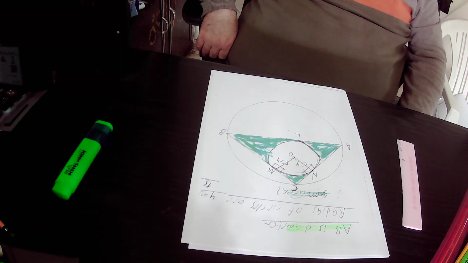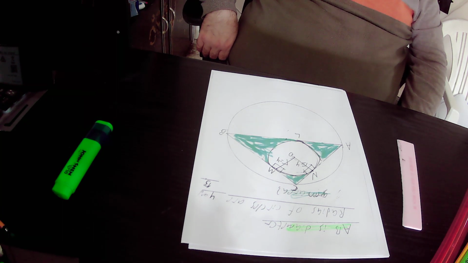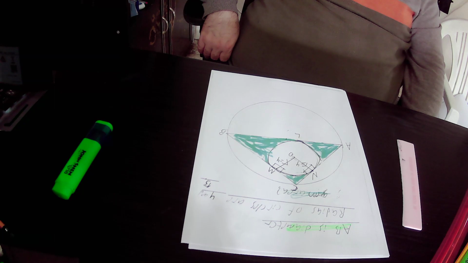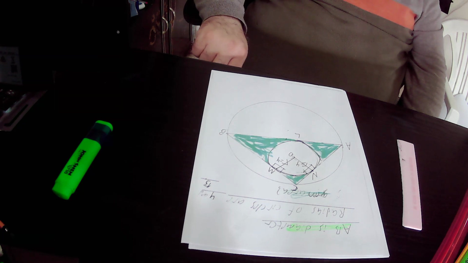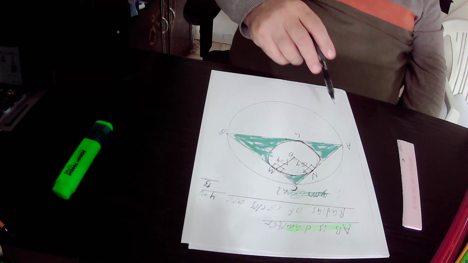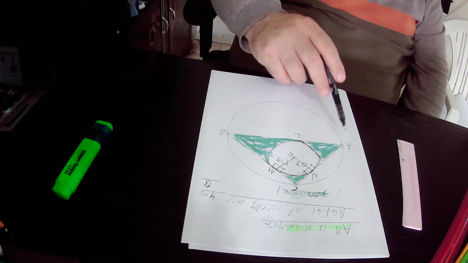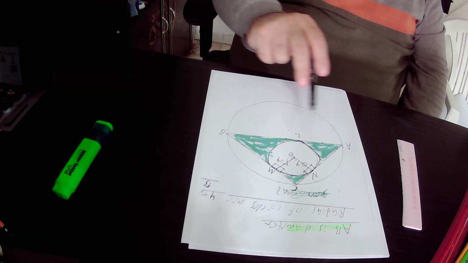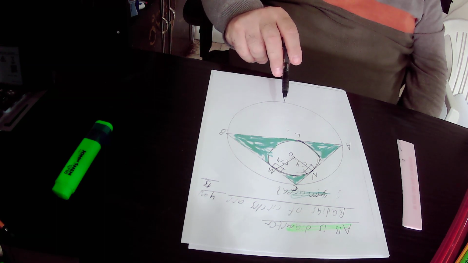And we also have another rule that states that any peripheral angle that rests on the diameter of a circle equals 90 degrees. So here the peripheral angle ACB rests on AB, that is the diameter of the circle.